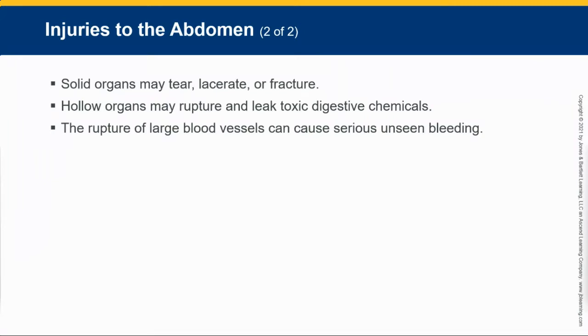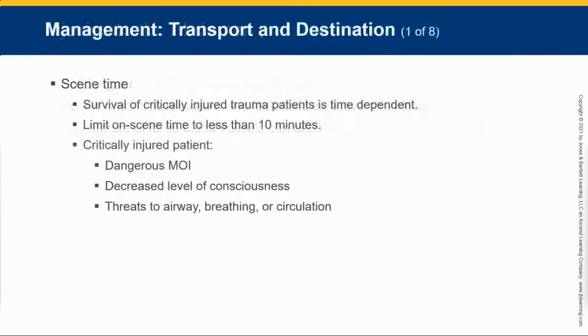Just like we said, solid organs tear, hollow organs leak, and the rupture of large vessels can cause someone to become hypovolemic or go into hemorrhagic shock and never have a drop of blood hit the pavement outside, because it's all contained within a body cavity, but it's not within the vascular space, and so it's not circulating around, going and picking up oxygen and delivering that to the places it needs to go.